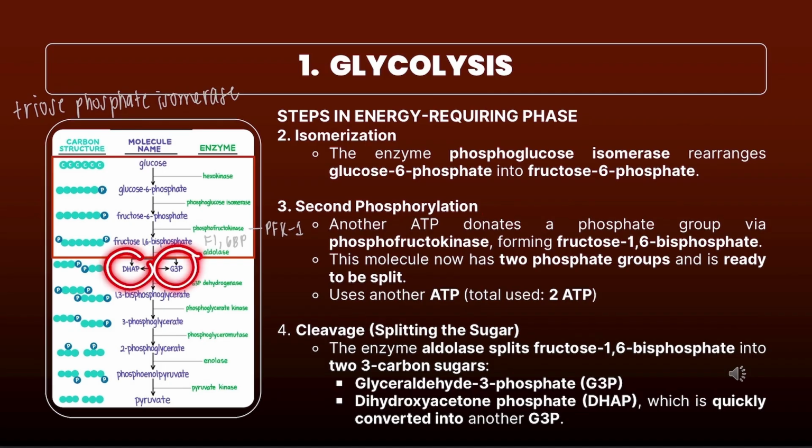So here we will now have 2 G3P, and both of the G3P molecules will continue through the next steps of glycolysis. Again, in this step, it is like cutting one big sugar in half to make 2 smaller pieces, the DHAP and the G3P, and then because of the triose phosphate isomerase, this DHAP will be converted to G3P as well. Okay, so those are the steps in the energy requiring phase.